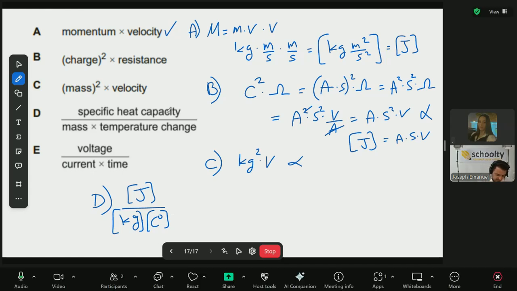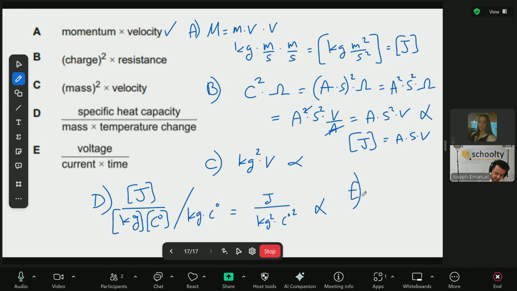Not specific heat capacity, heat capacity. One minute. Actually, this is the heat capacity. Divide by kilogram Celsius. It will be joule, kilogram square, Celsius square. This is not joules. Okay?